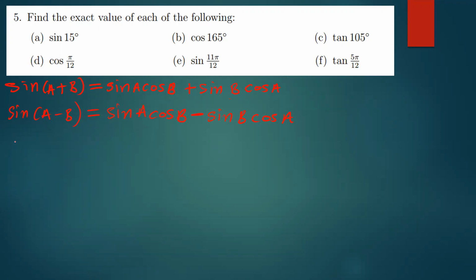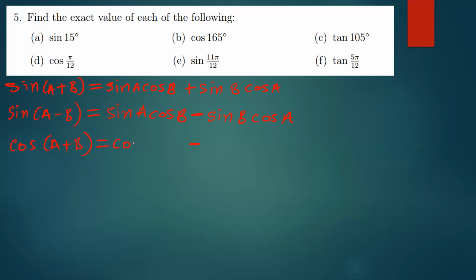Let us also look at cos. We have cos A plus B. For cos, when you have a plus in between, what you're going to have here will be a minus. And for cos, the angles do not switch.